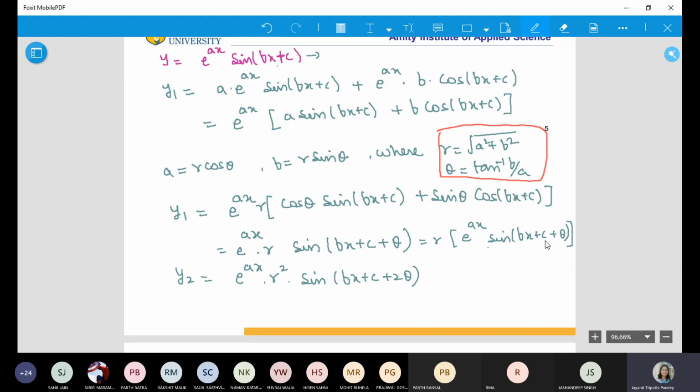Here in place of c, you have c plus theta, that's all. Now when you differentiate, as you have differentiated this, you will get one more r, you will get one more theta. You can differentiate and check. I want you to differentiate.